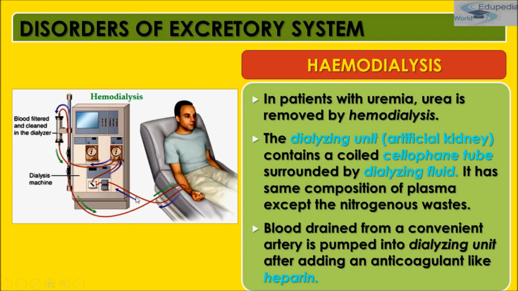Before inserting this blood into the patient, the blood should be warmed to body temperature and mixed with antiheparin to restore its coagulability. That means when it goes inside the patient's body, it will have the capability of coagulation, and it is injected into the vein of the patient. See, blood was taken out from the artery, but the blood is filled into the vein.